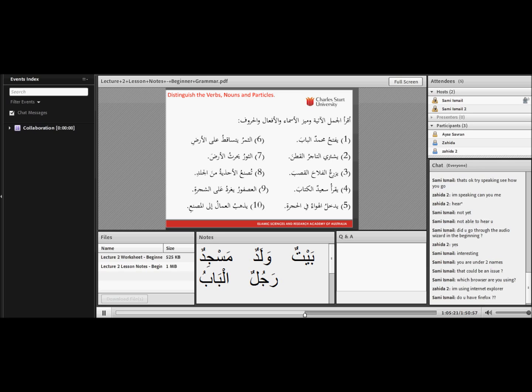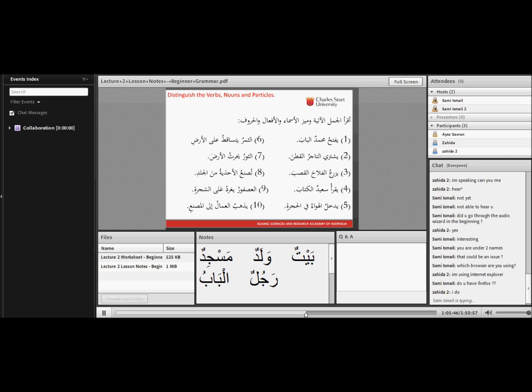Okay, we haven't finished the sentence. So يذهب العمال إلى المصنع. Can you tell me what's the إلى and المصنع? What kind of a word are they? إلى is harf, particle.